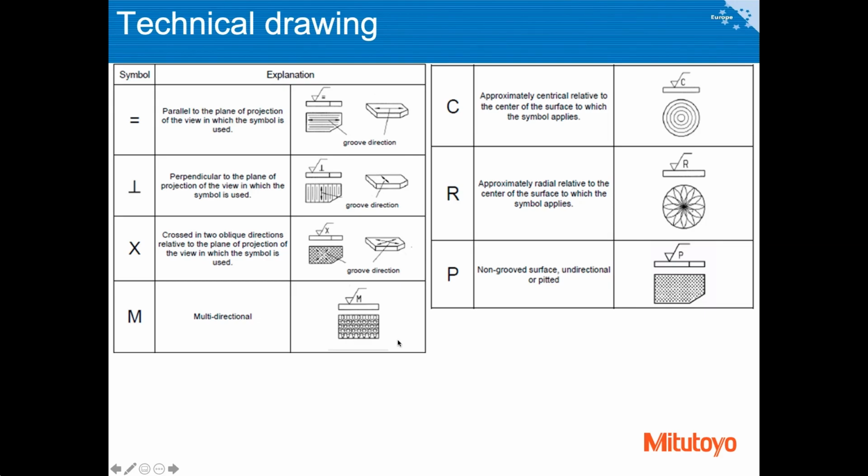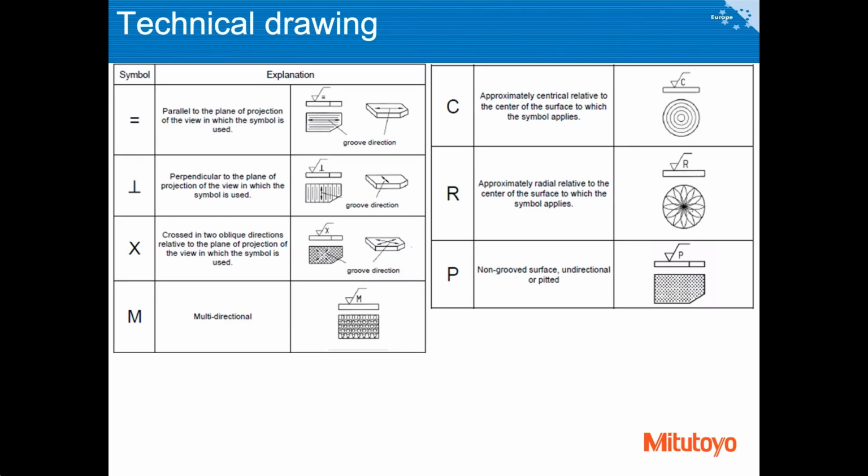But there are two very important recommendations from the ISO standard on what to do in such cases, when you are allowed to choose the measurement orientation. First of all, you always try to do a measurement perpendicularly across your processing scars.